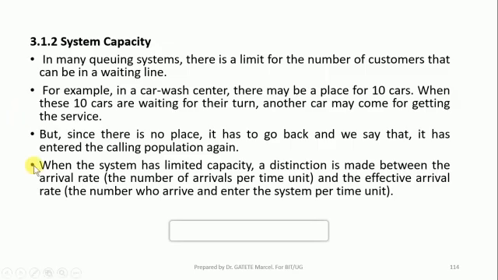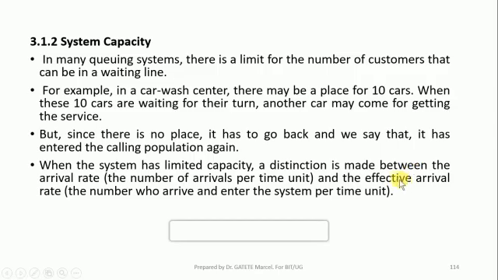Some people will immediately enter the queue, others will go back because the queue is full. The effective rate is the number of people who arrive and enter the system, because there is still place.